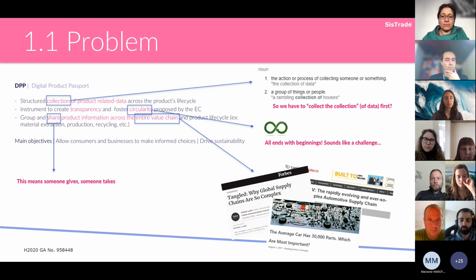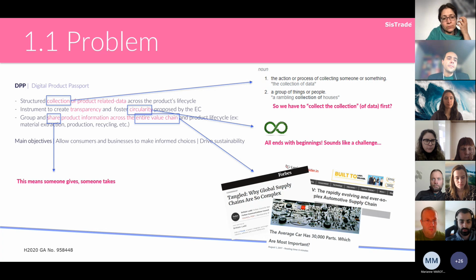Okay, we need to know what we have to collect, and we need to collect the data first. The next problem that we encountered is circularity. Circularity can be defined as infinity, where all ends are beginnings. So this sounds like a big challenge.